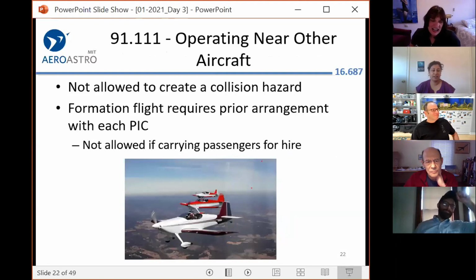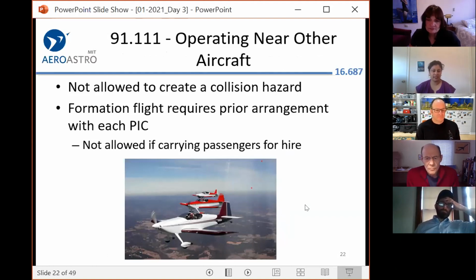Here's another interesting one. You can actually fly near other aircraft, so formation flight. Now this can be very dangerous. I'm not advocating it, but I would like you to know that you can do it. And in fact, you're going to hear about the MIT Flying Club. We had one fly out where some of the pilots, including myself, talked to the other pilots. We agreed on doing somewhat of a formation flight.